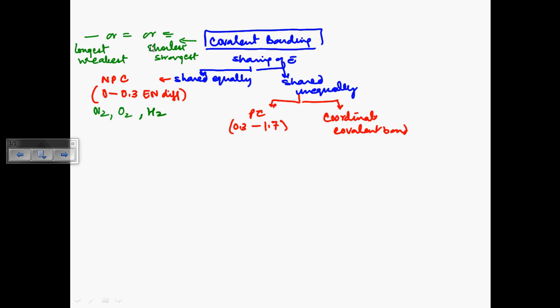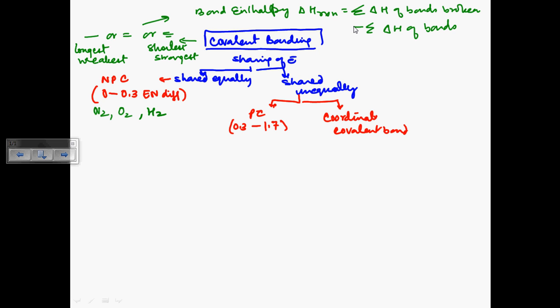And how do you calculate for single, double, or triple bond? Bond enthalpy. Bond enthalpy is written as delta H reaction, and it is almost the opposite of Hess's law, where it is summation delta H of bonds broken, which is for reactants, minus summation delta H of bonds formed.